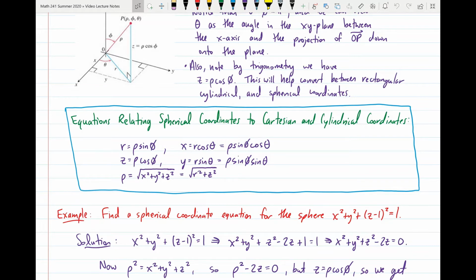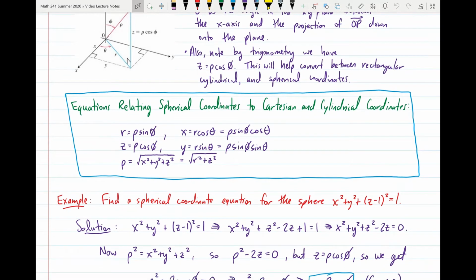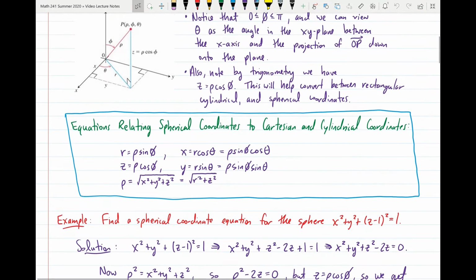So again, if you want to see why that's the case, you can pause the video and look at that diagram. We still have that x is equal to r times cosine of theta. That's from cylindrical coordinates. And then using the fact that r is equal to rho times sine phi, we can say that x is equal to rho times sine phi times cosine theta. We also have that z is equal to rho times cosine phi, which again is given in the diagram.